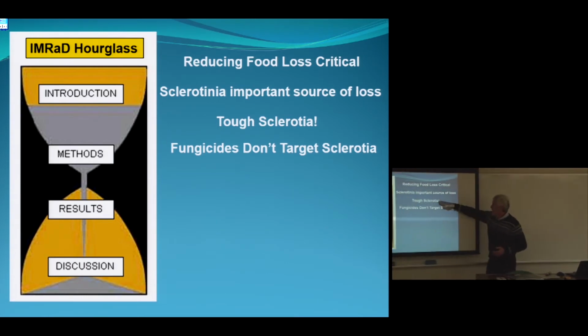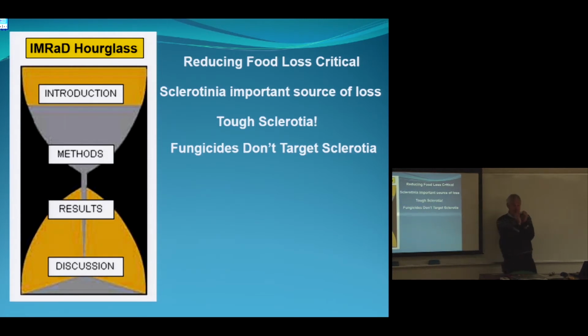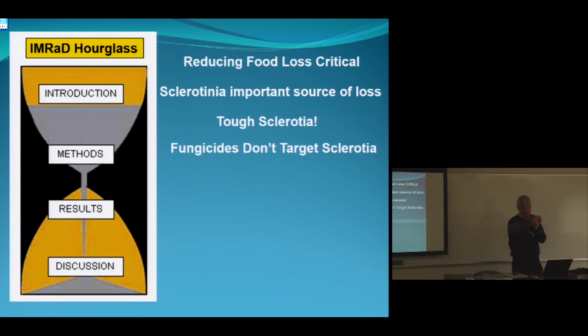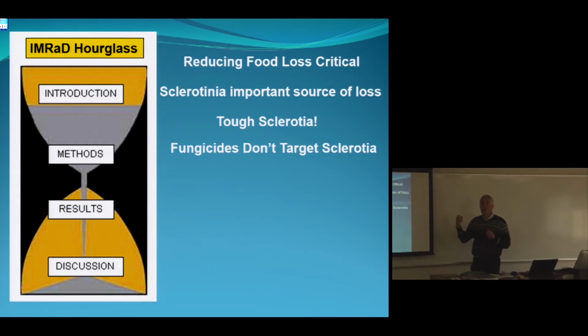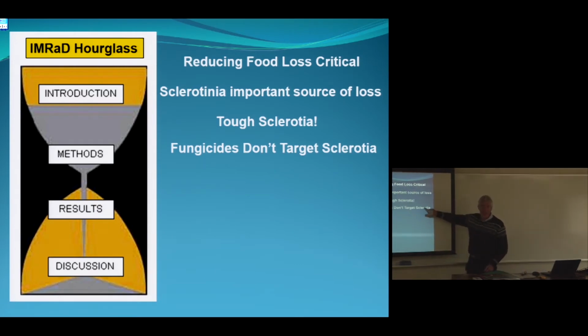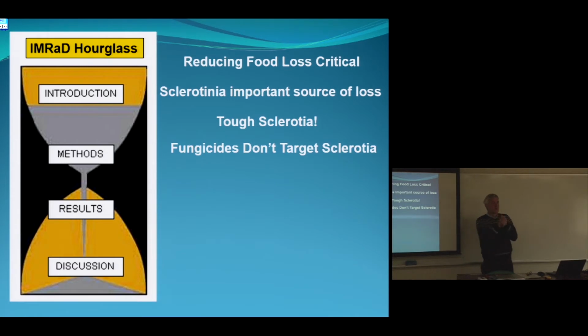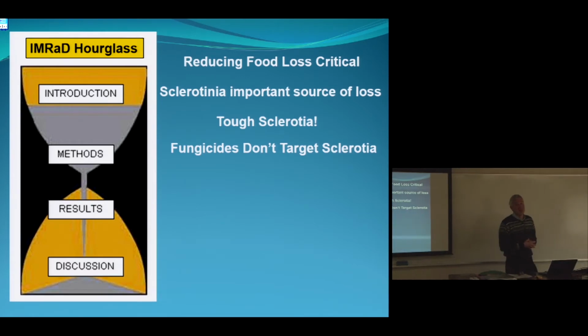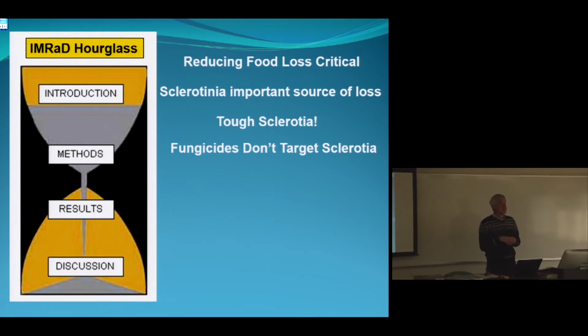So now, by looking at that logic, you understand why they are going to focus on sclerotia and why it is important to do so. But if they had just said, we now look at sclerotia and do this research, then very few people would understand why it is so important to do that research. So setting that context.